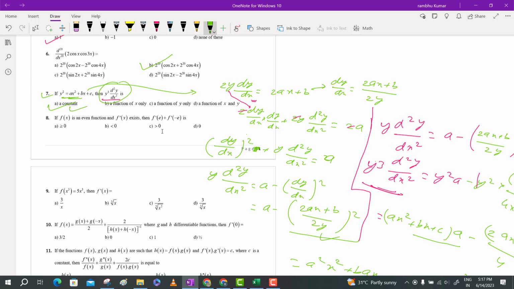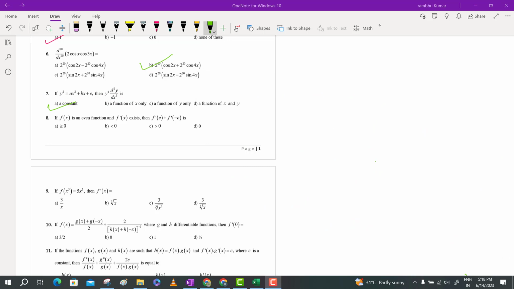Okay, so now let's move to the next question. Now in this question you can see the function we have is f of x, which is an even function. So we can write the even function as f of minus x is equal to f of x, which is nothing but f of x minus f of minus x equal to 0.